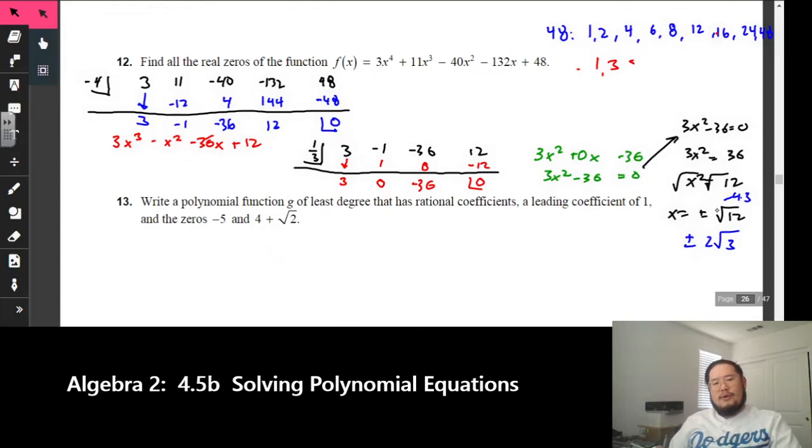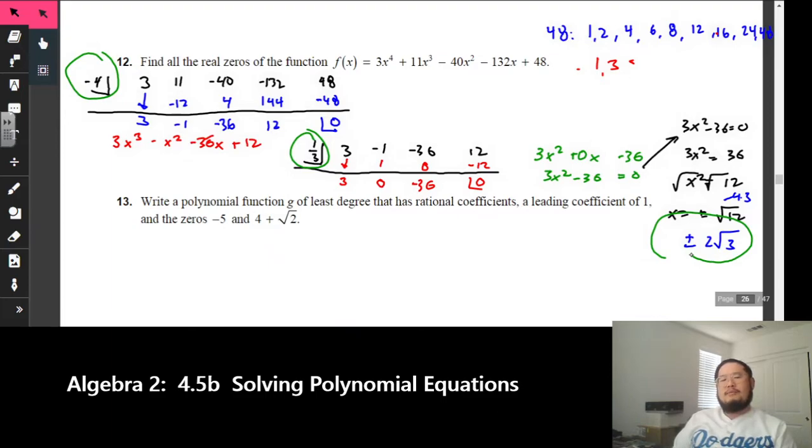So I have a total of 4 solutions here. Find all the zeros. I just did that. So plus or minus 2 rad 3, 1/3, and negative 4 are all of the possible zeros. Or actually, these are all the zeros.